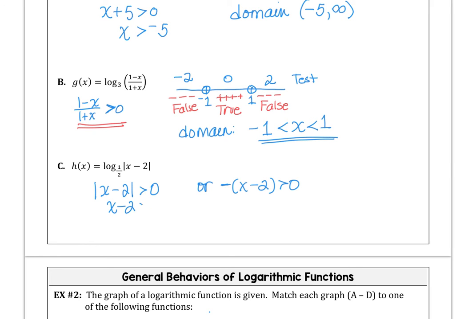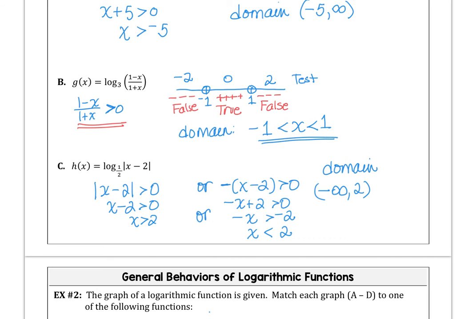Solving the first inequality, x is greater than 2, or this is an or statement based on the rules from absolute value, or the opposite of x plus 2 is greater than 0, when the opposite of x is greater than -2, and then dividing by a negative on an inequality flips the inequality sign, and then out pops our domain statement for part C. So the domain will go from -infinity to 2, and then skip over 2 and run from 2 to infinity. So there's some examples of domain for logarithmic functions.